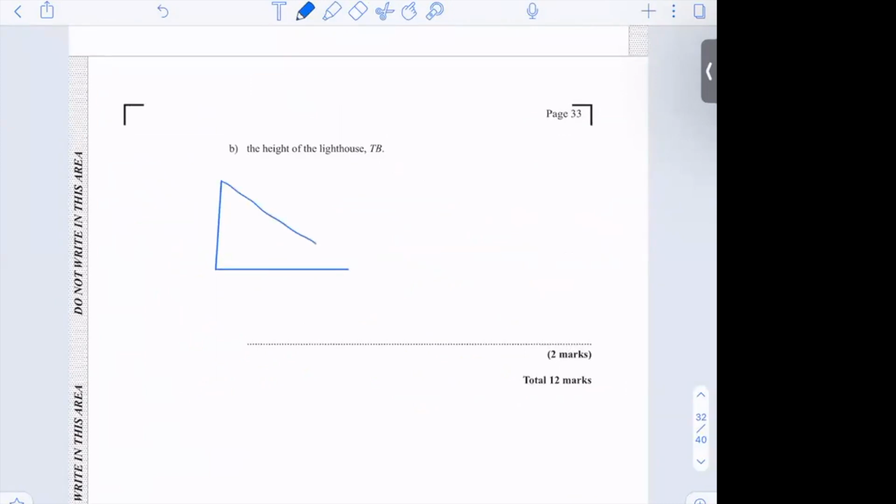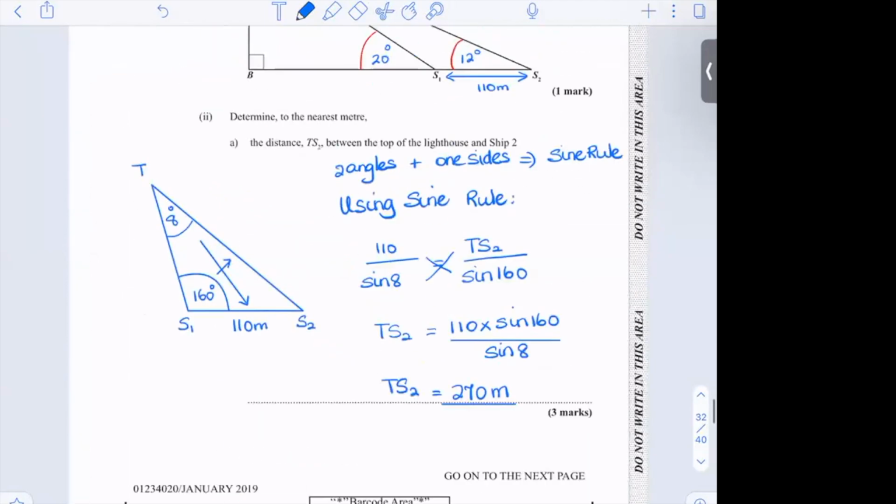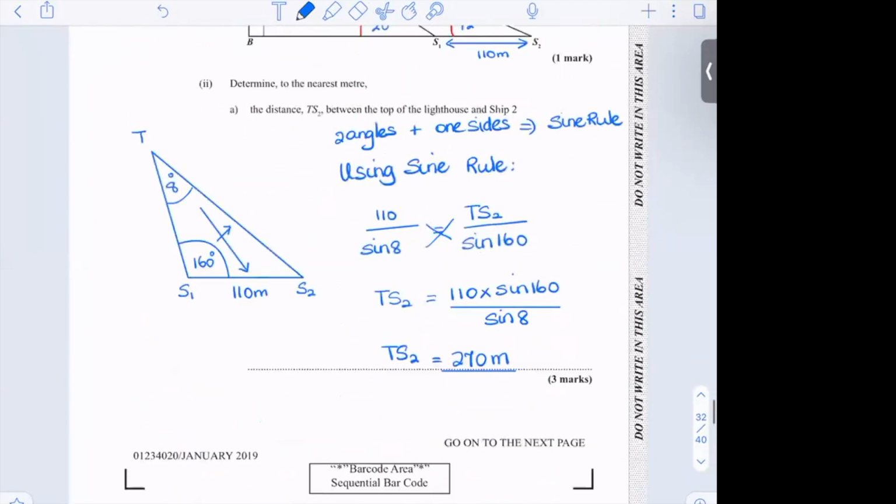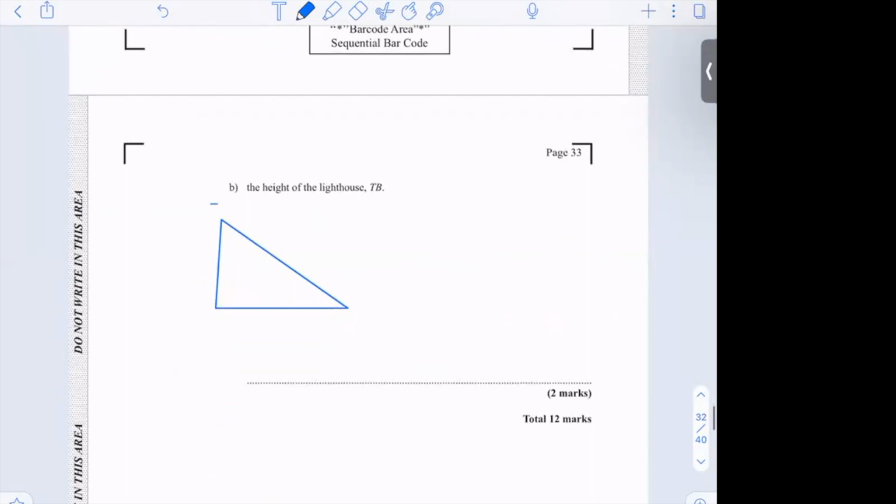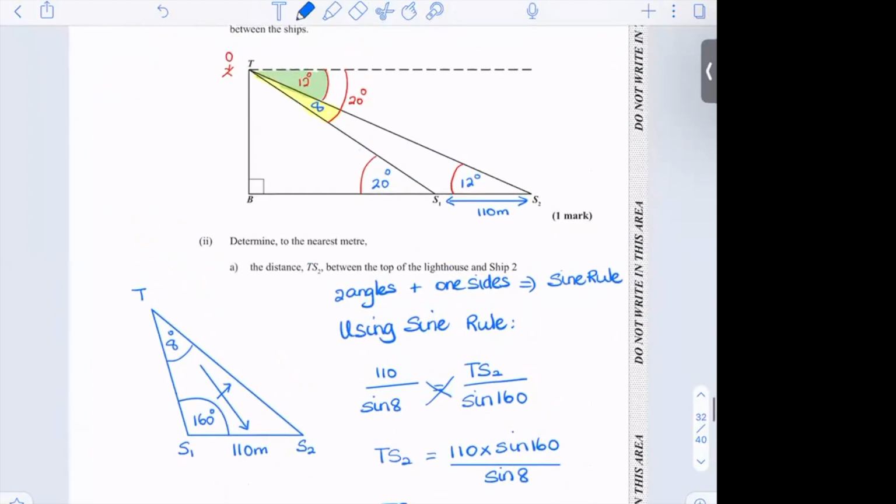Just draw this with TB. TB is here. This is 20.